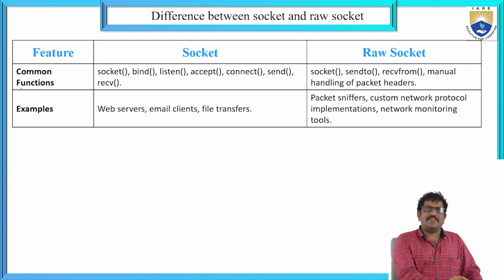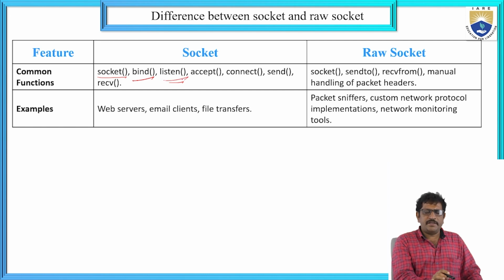The common functions in standard sockets are as follows. To create the socket, we use the socket function, and then bind and listen. Listening means it is ready for receiving the data.